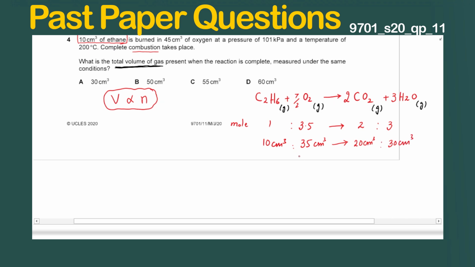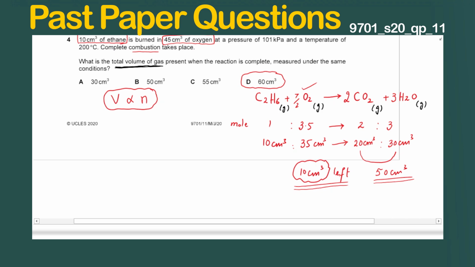In the beginning we had 45 cm³ of oxygen, so 10 cm³ of oxygen is left behind. After the reaction, we have 50 cm³ of gaseous product and 10 cm³ of the remaining oxygen. So in total, we now have 60 cm³ of gas. All right.